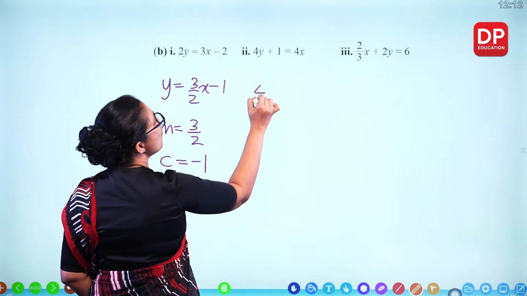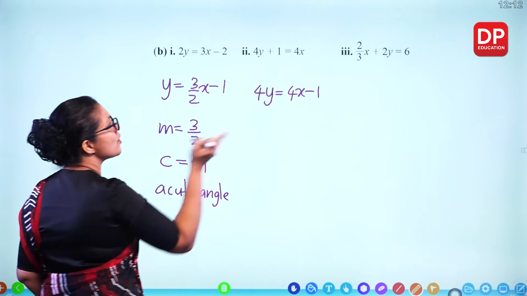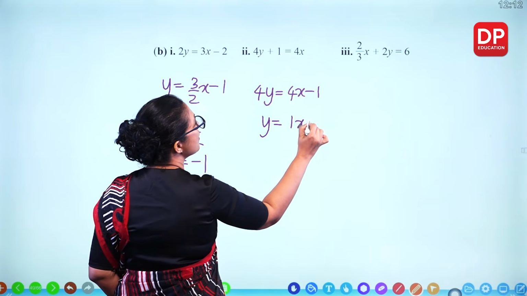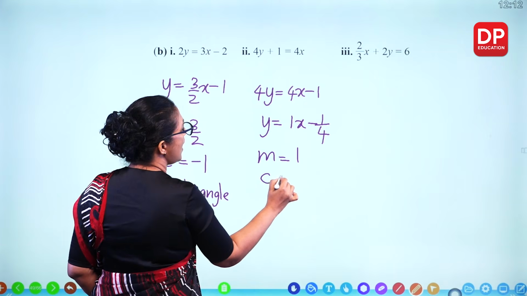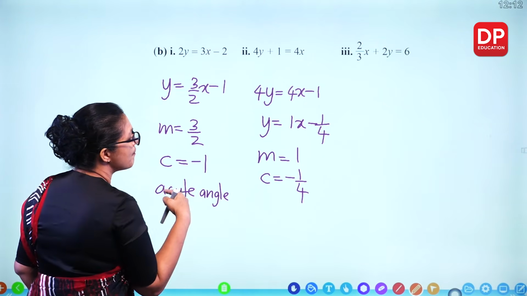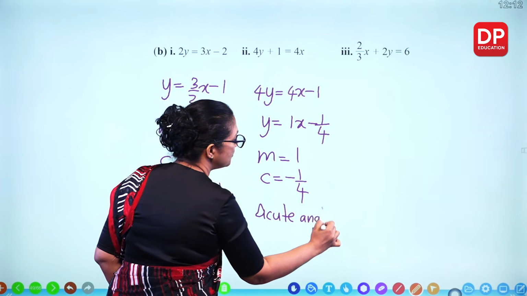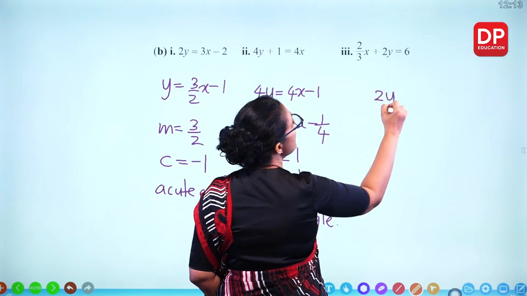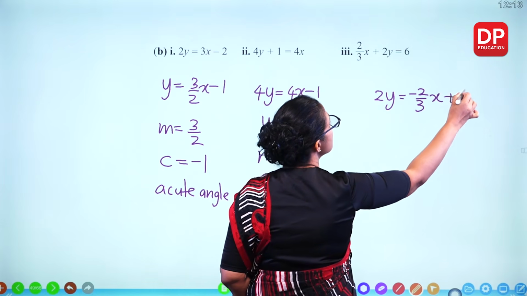Rearrange this. 4y equals 4x minus 1. Take 1 to the other side. Divide by 4. 4 divided by 4, 1. 1 over 4. So M equals 1 and y-intercept is -1 over 4. M is positive, acute angle. This one rearrange to y equals, take this one to the other side, -2/3 x plus 6.